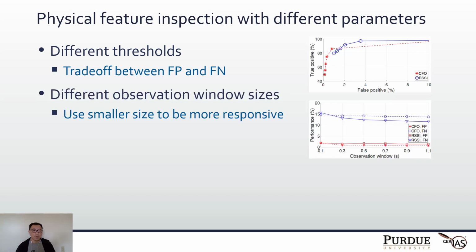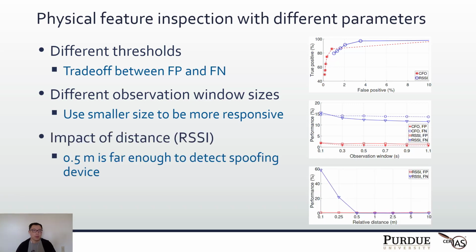We have also evaluated the physical feature inspection with different observation window sizes. As we can see from the figure, different window sizes do not affect the performance significantly. Therefore, using a smaller window size would be more responsive.